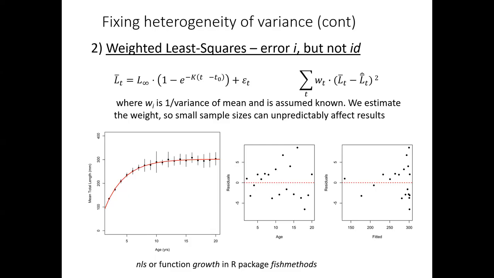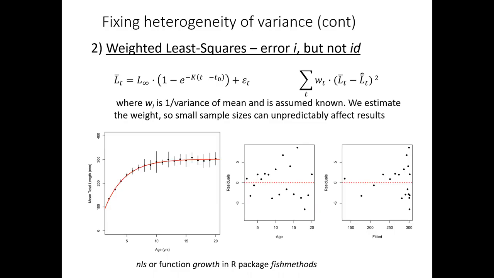What you would do is fit the von Bertalanffy model to your means, the mean length at a particular age, but then you weight the observations by the inverse of the variance of those means, which is essentially the inverse of the standard errors squared. In weighted least squares, these weights, one over the variance of the means, are generally assumed to be known, but we don't know what the true values are, so we have to estimate them.